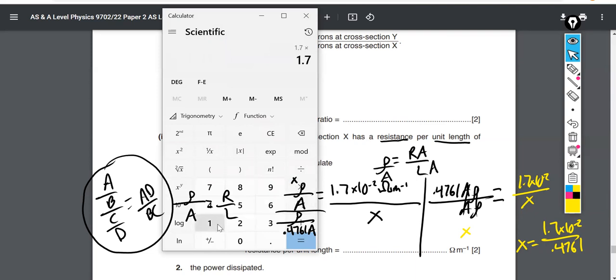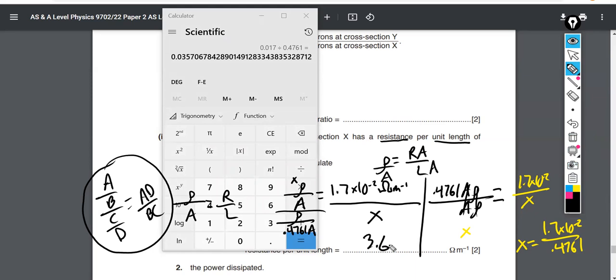On the calculator, you type it in, 1.7 times 10 raised to the negative 2 divided by 0.4761, and we get 3.6 times 10 to the negative 2.